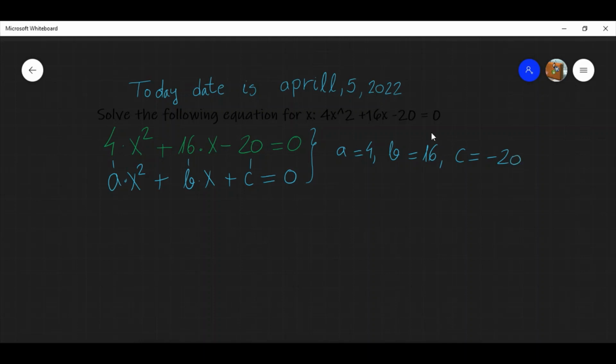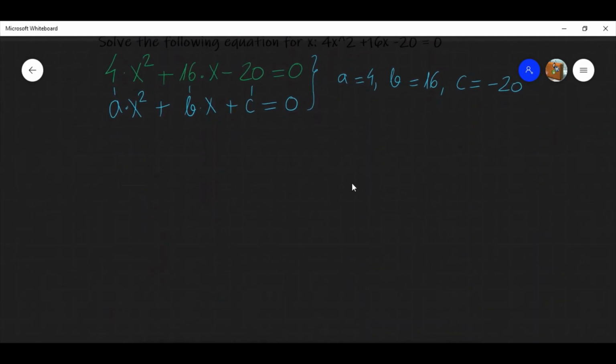Now we are going to use this formula to find the value, or to say the root, of this quadratic equation. Minus b plus or minus.